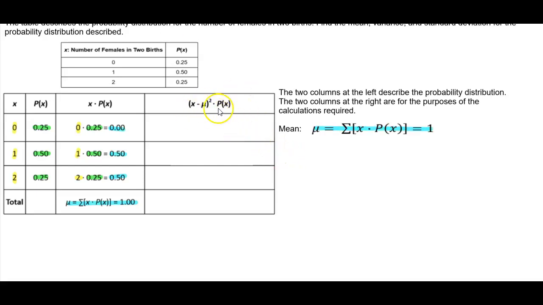Now the fourth column: we take the data value of x, subtract the mean we got, square it, and then multiply it by the probability. So we have our data value of 0, and we subtract the mean, square that, and multiply it by the probability of 0.25.